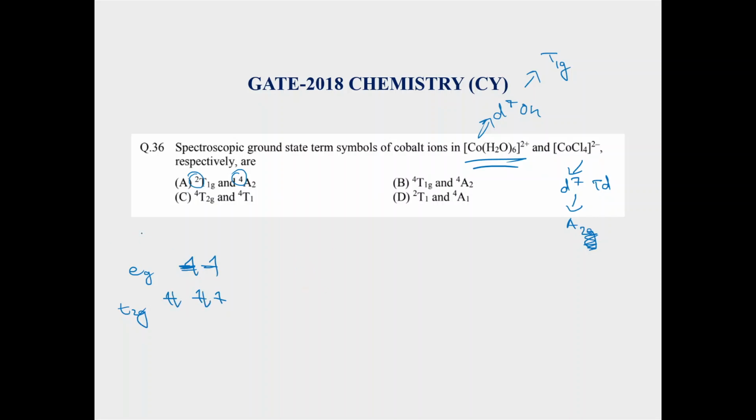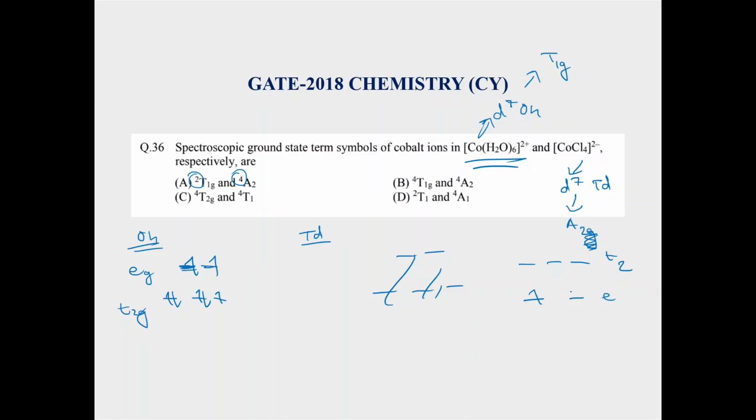For the tetrahedral system it will be 1, 2, 3, 4, 5, that is e and t2.